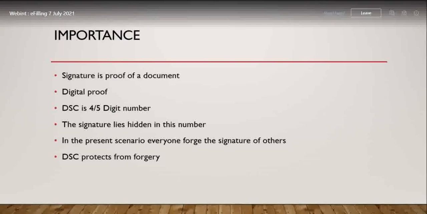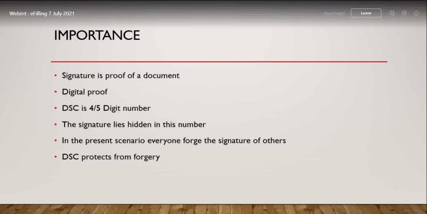For example, if you are signing any document, you insert the DSC pen drive in your laptop and then enter that 4 or 5 digit number. Once you enter the number, the sign appears on your document. That's why the digital signature lies hidden in this number.